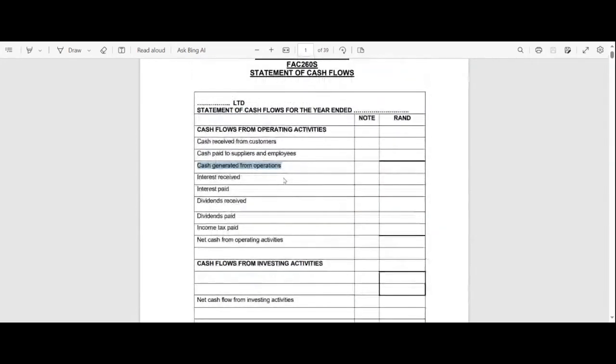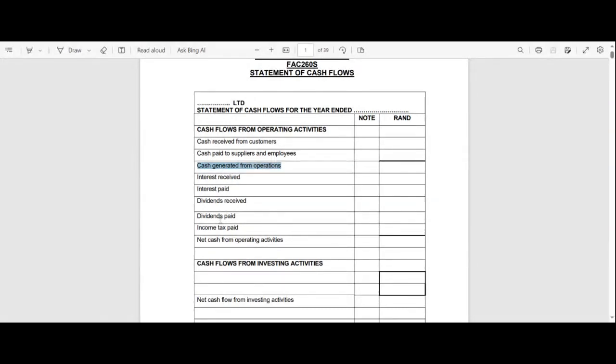But the cash flows relating to the income thereon or the expenses thereon will be shown as part of our operating activities. Right.